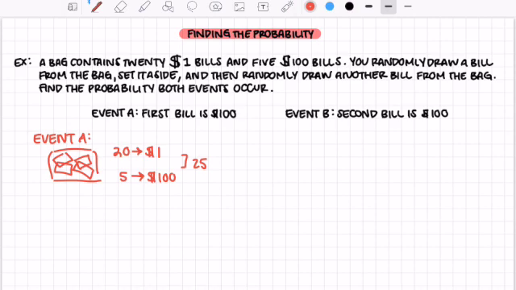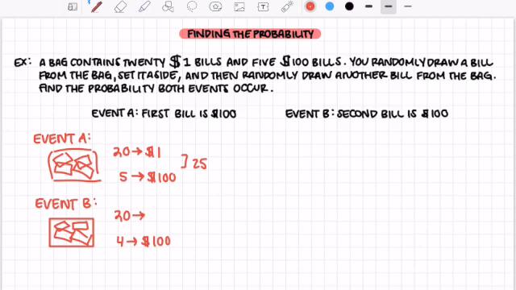Then after I take out a $100 bill, that means that in event B, I'm one $100 bill down. So in my little purse or bag here, I no longer have one of those $100 bills, so I only have 4 of them. Okay, and because my options changed, where now I'm down one bill, that means that we have a dependent event.